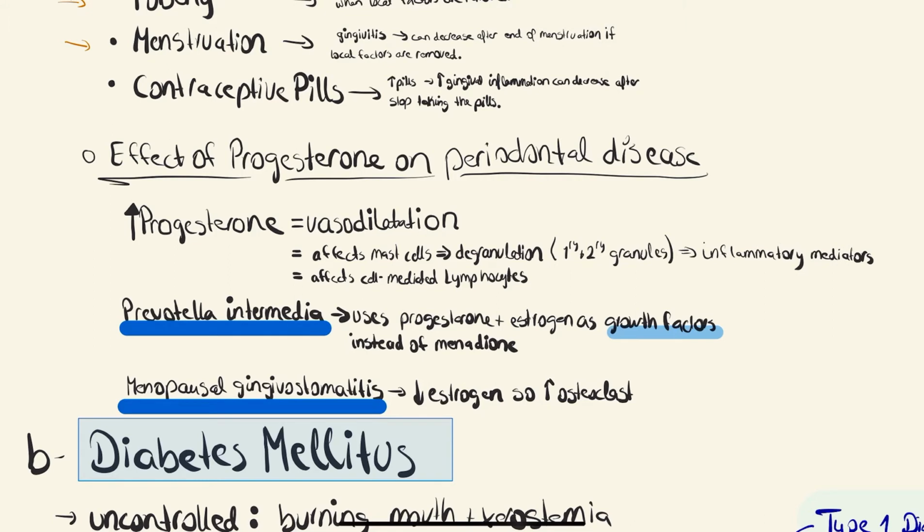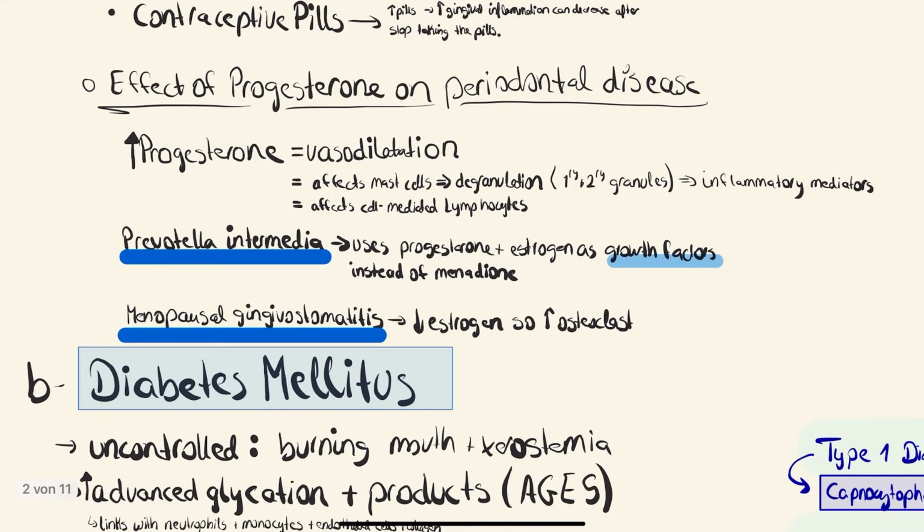The primary and secondary granules will be released, and then inflammatory mediators will do their function. Second, it affects cell-mediated lymphocytes. So two things: it affects mast cells and cell-mediated lymphocytes. This is the effect of progesterone on periodontal diseases.